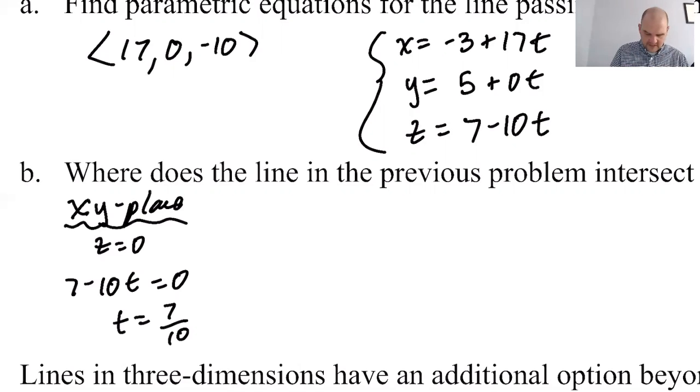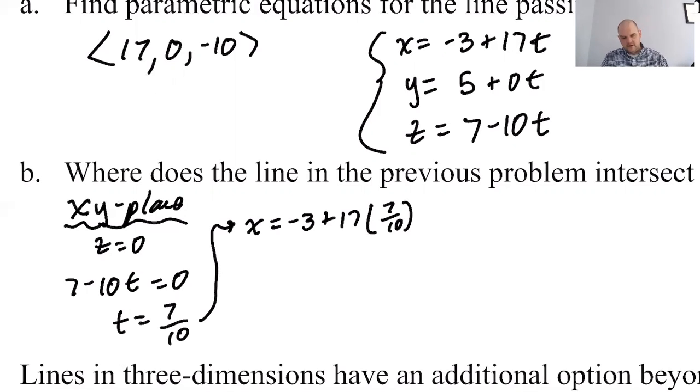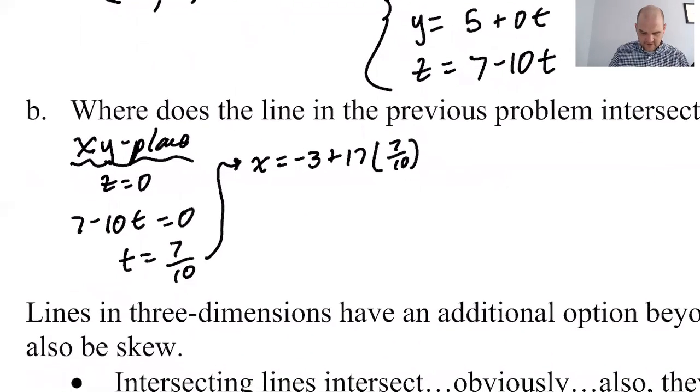So if t is 7/10, that means x is going to be -3 plus 17 times 7/10. Oh boy, 70 and 49 is 119. And then minus 30 is what? 89? Yeah, so I'm going to say that's 89/10.